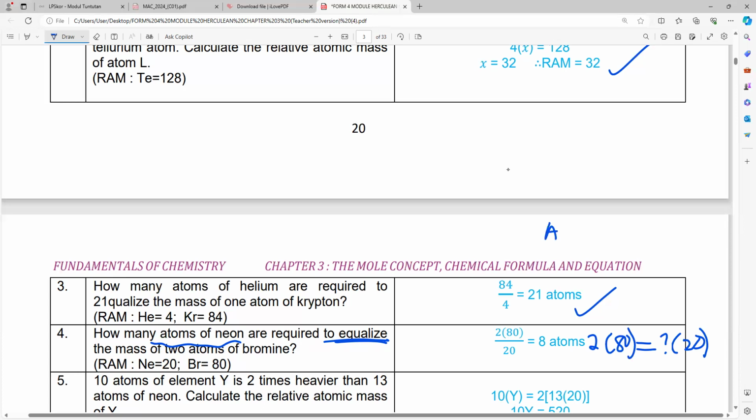I'm doing atoms times mass equals atoms times mass. For the first one, I'm taking 2. Whether I put front or back, it doesn't matter. I'm taking 2 atoms of bromine, and the mass of bromine is 80, equal to, I don't know how many atoms of neon, times the mass of neon, which is 20. So A equals 160 divided by 20. Teacher will get 8 atoms. Do you understand that?